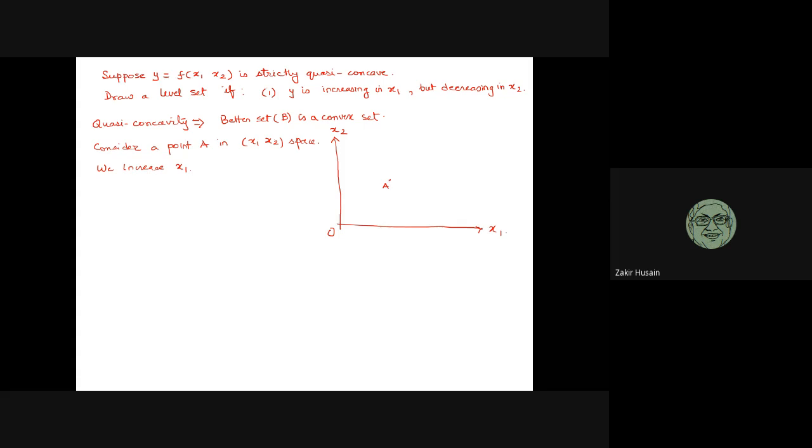Okay. So from A, how are we moving? X2 is constant. So this is A1. So we increase x1 and move to A2.